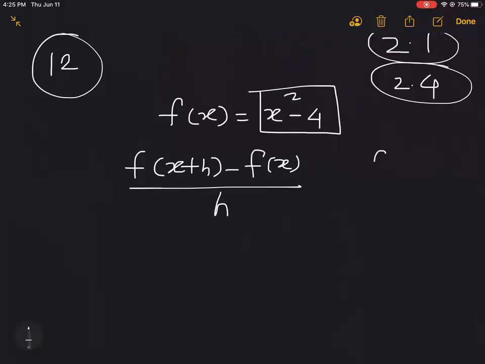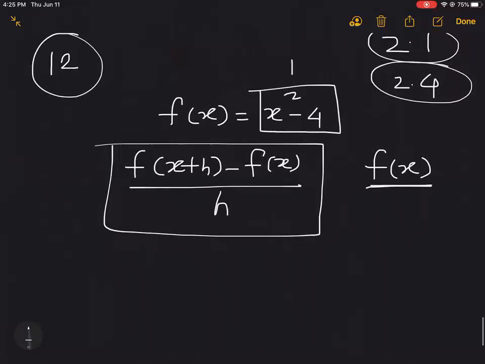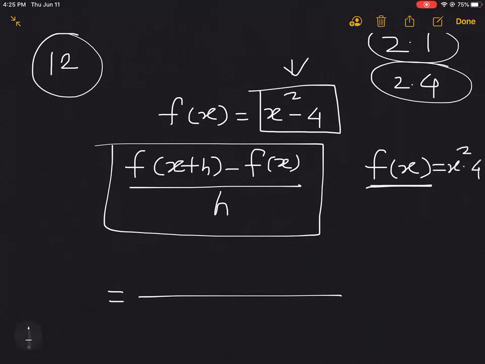So if f of x is the function, then this is the definition of difference quotient. But what if the function is x squared minus 4? So if f of x is x squared minus 4, what's f of x plus h?